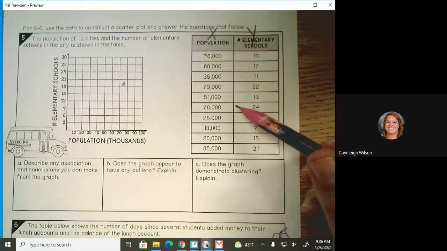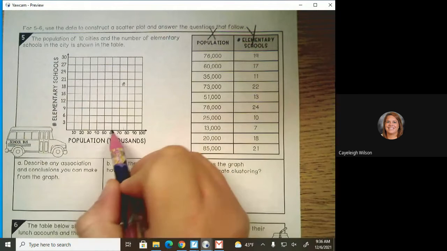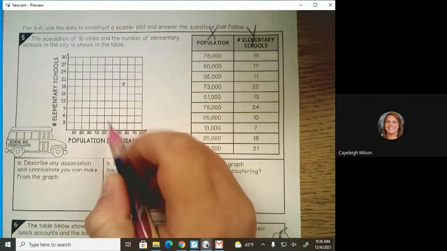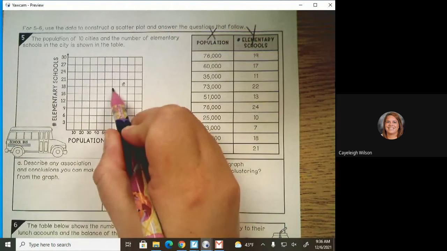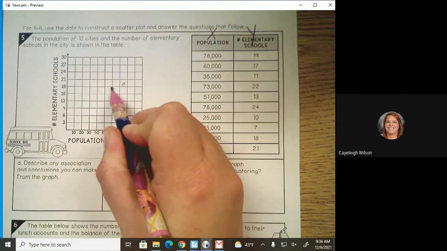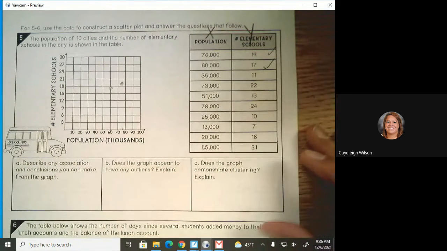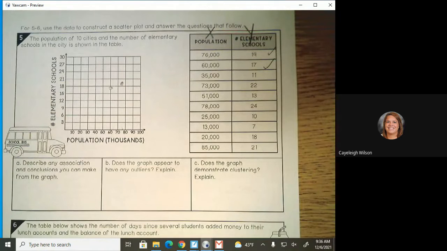And then like 60,000 and 17. They've got a 60 on here for 60,000, but they don't have a 17. Well, 17 is almost to 18, so that's where I'm going to put it. All right, so I'm going to give you a chance to put the rest of those on there.